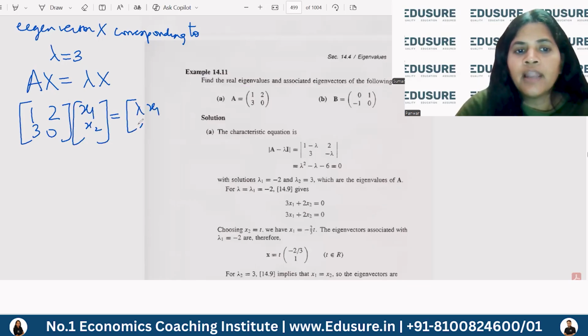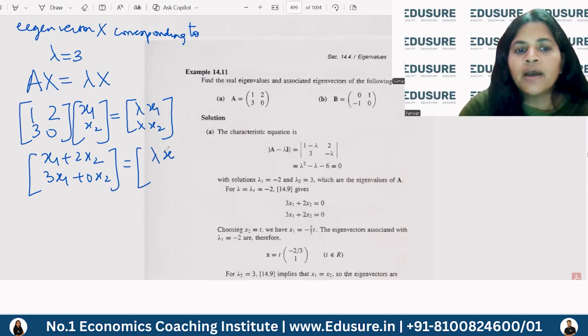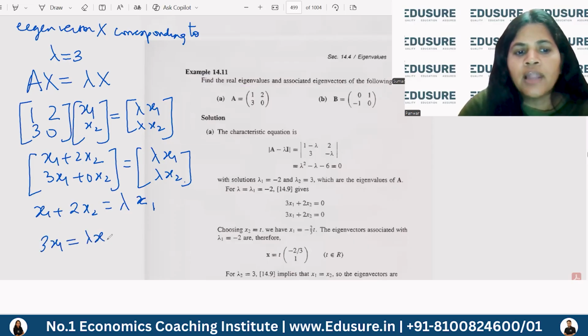So I should have x1 plus 2x2, 3x1 plus 0x2 equal to lambda x1, lambda x2. So x1 plus 2x2 is equal to lambda x1, and then 3x1 is equal to lambda x2. From these two equations, I will have to solve for x1 and x2.